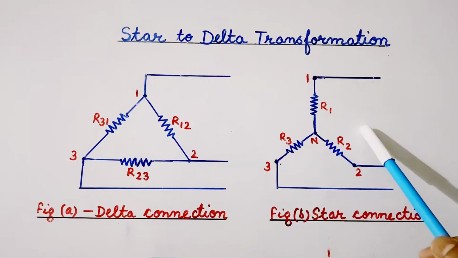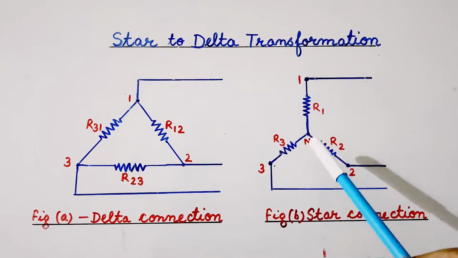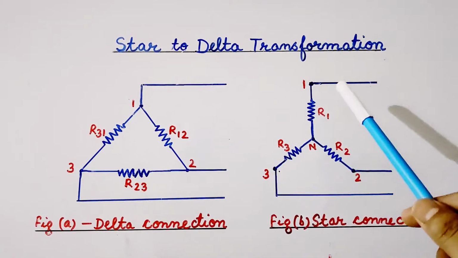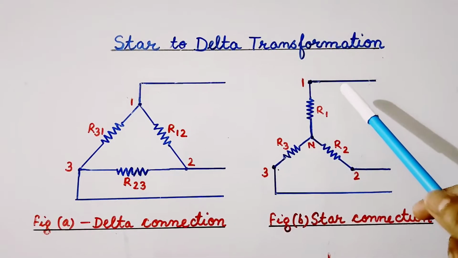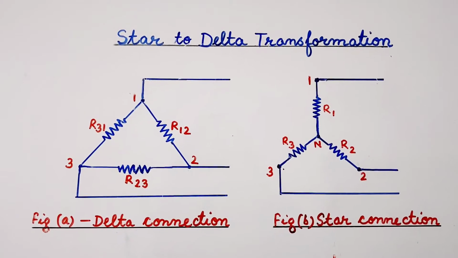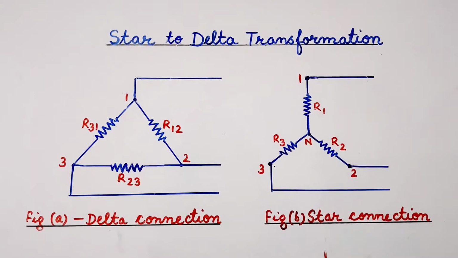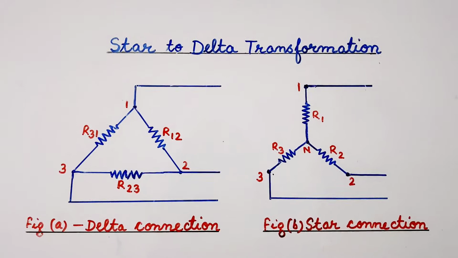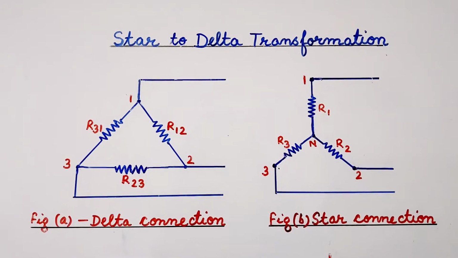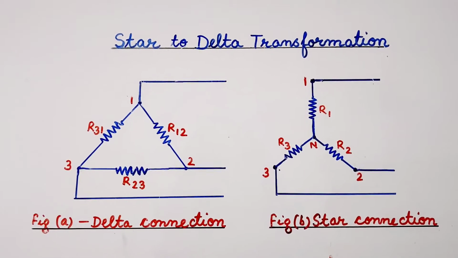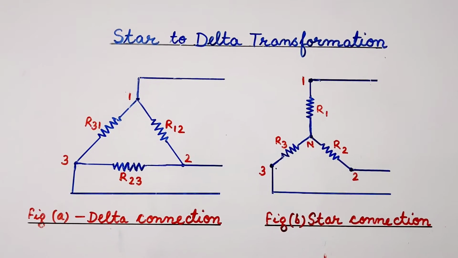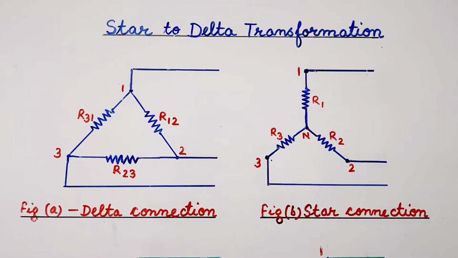That is, in star connection, one terminal of each of the three resistors is connected at a common point and the other end is connected to the terminals 1, 2 and 3 of the given circuit. So it is possible to convert the delta connection to star connection. That is, if the resistors are connected in delta fashion, then it can easily be converted into star. Similarly, if the resistances are connected in star, then it can easily be converted to delta.